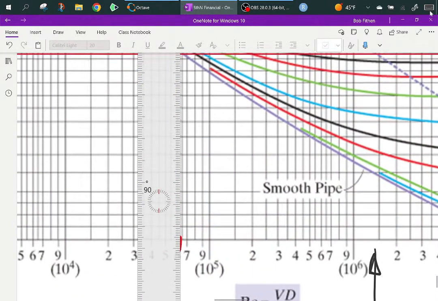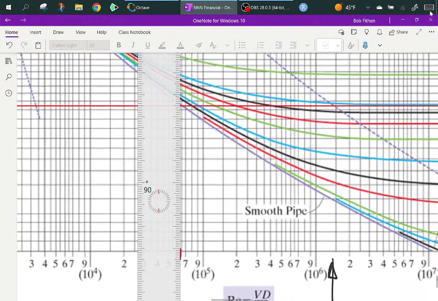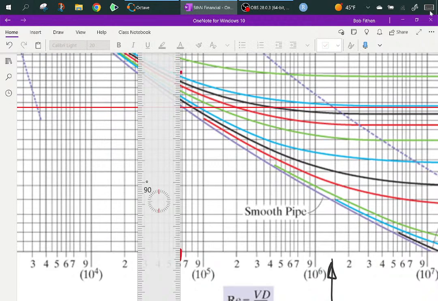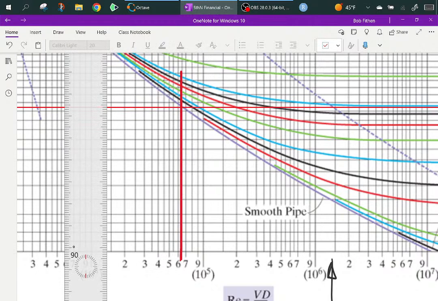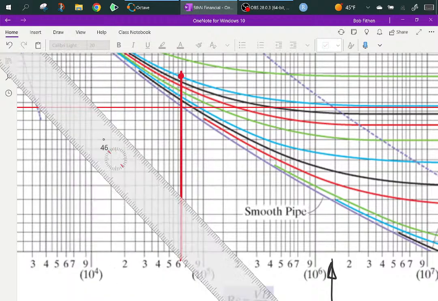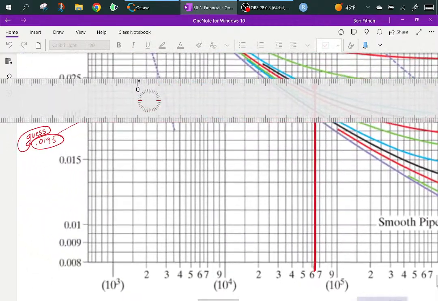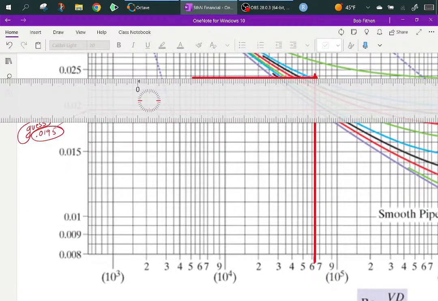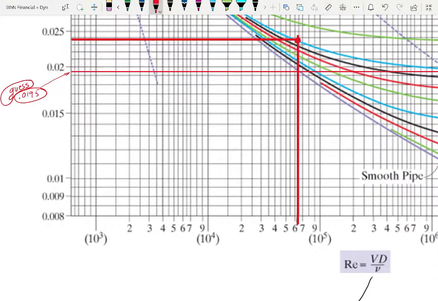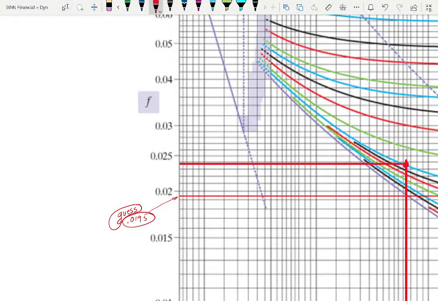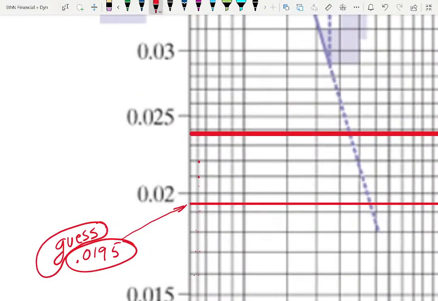Now I'm on this blue line, so I've moved up to where they cross. Then I can move to about right here.